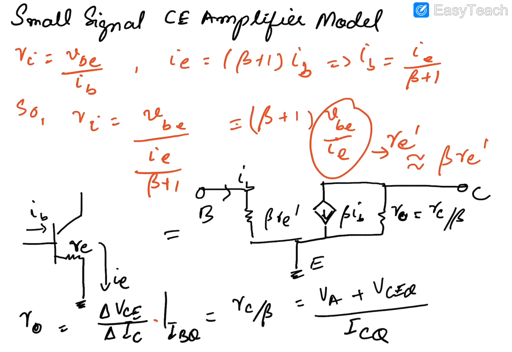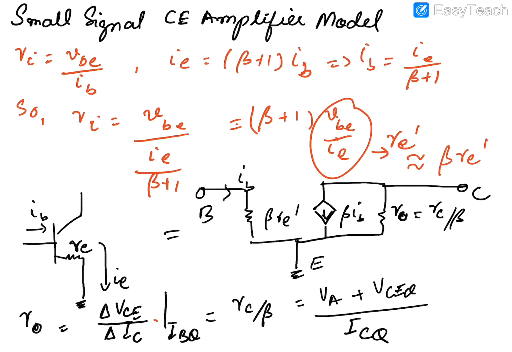Next is output resistance, which is measured across collector to emitter terminal, that will be equal to delta VCE divided by delta IC, which is equal to VA plus VCEQ divided by ICQ, where VA is early voltage. So we can also say that R naught is equal to RC over beta, where RC is the output resistance in case of common base amplifier.